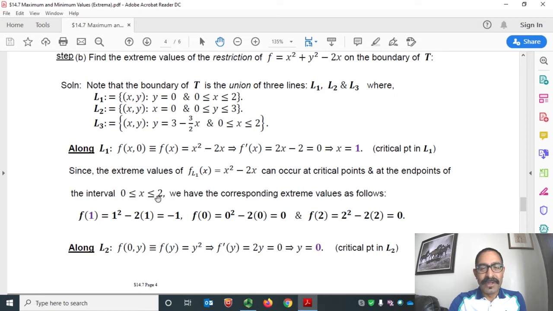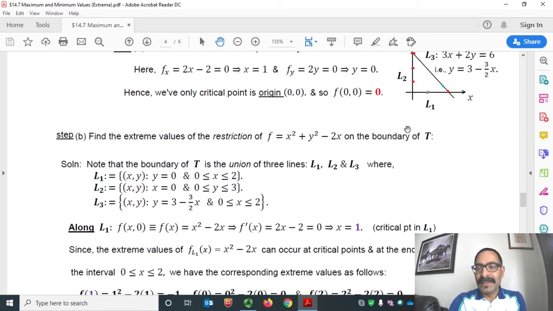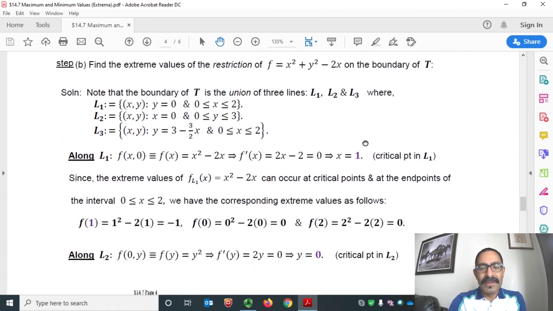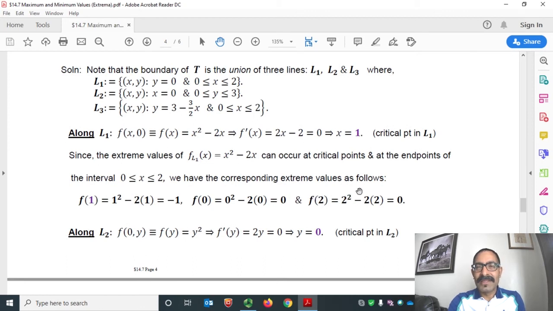The interval's endpoints are 0 and 2, right? This is on the L1 line, 0 and 2 as x values. These are the endpoints of the interval. So we have the corresponding extreme values as follows. That means I need to evaluate our restricted function at x equals 1, at x equals 0, and at x equals 2, which I did here.